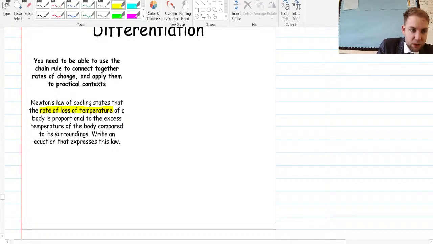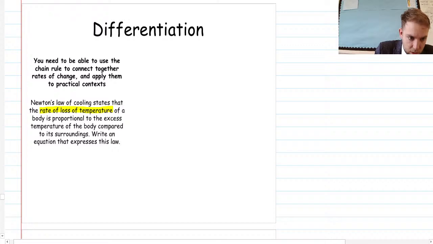We know that this is equal to the rate of temperature lost. Remember, it's the rate of loss of temperature of a body that is proportional to the excess temperature of the body compared to its surroundings.